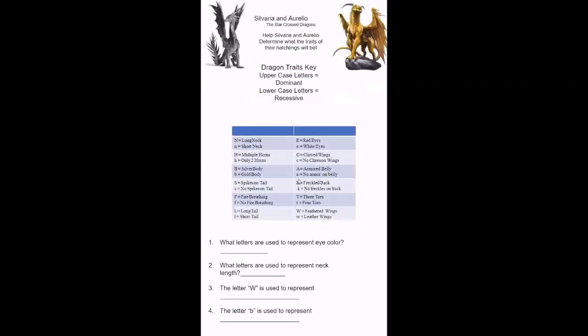If she had the gene for claws on her wings, because that's the dominant one, it would be expressed. Since she clearly does not have them, that means she has to be homozygous recessive. So she would have to be lowercase c, lowercase c.